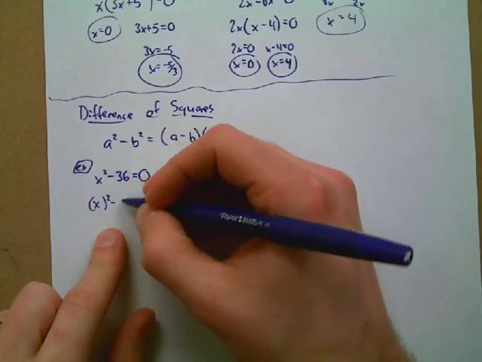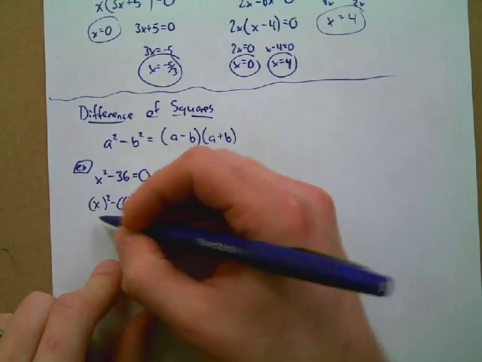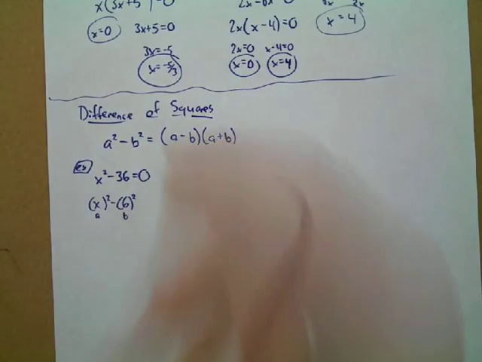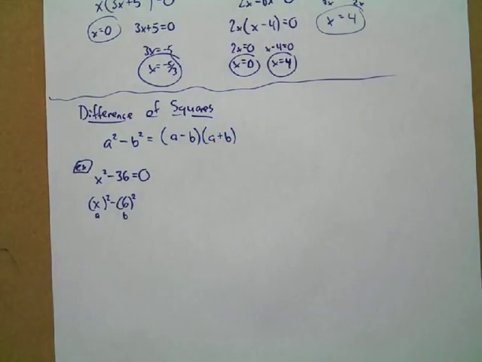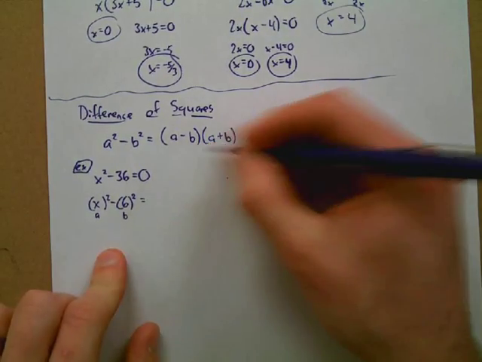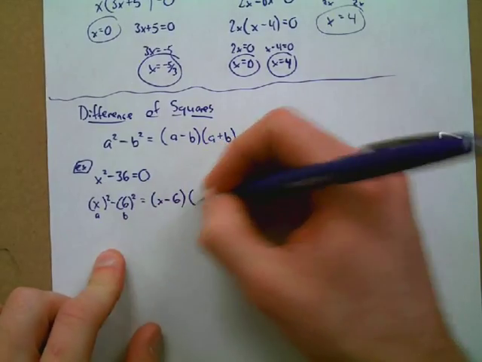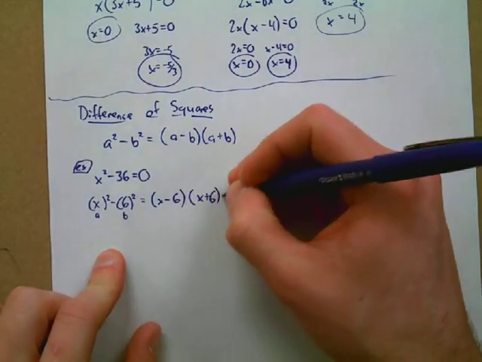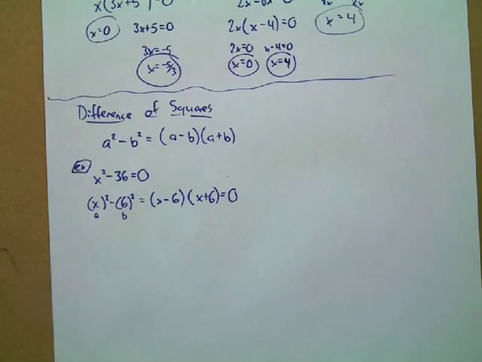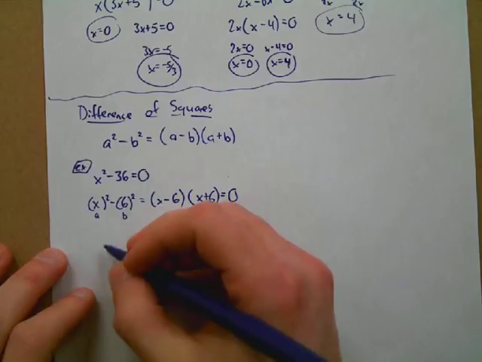And so then we can just follow the factoring here. It's going to be x minus 6 times x plus 6, and that's still equal to 0 there. And so again, we have a product of two things that multiply to make 0, so x minus 6 equals 0, x plus 6 equals 0, and so we get x is 6 and x is negative 6.